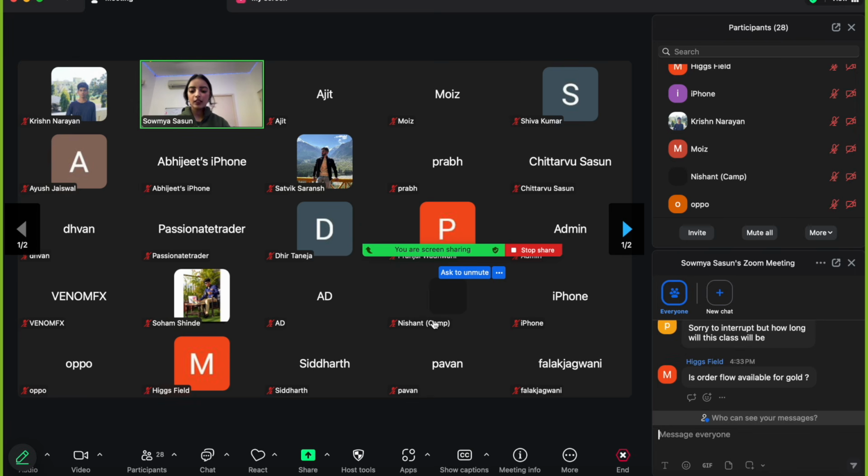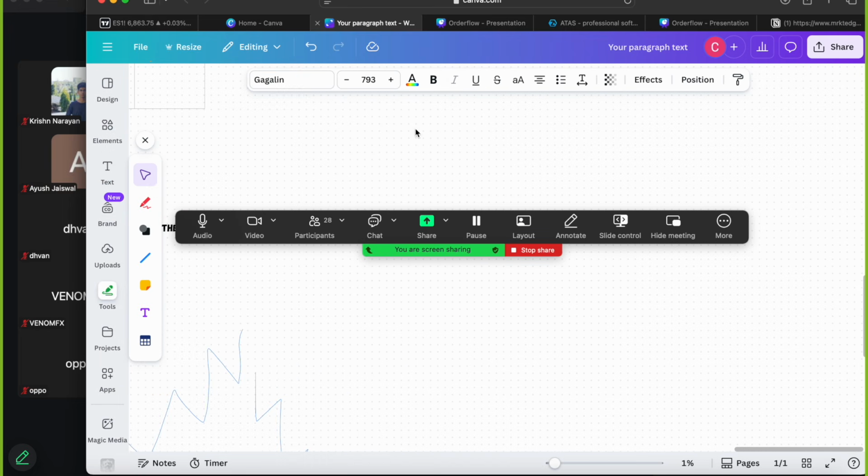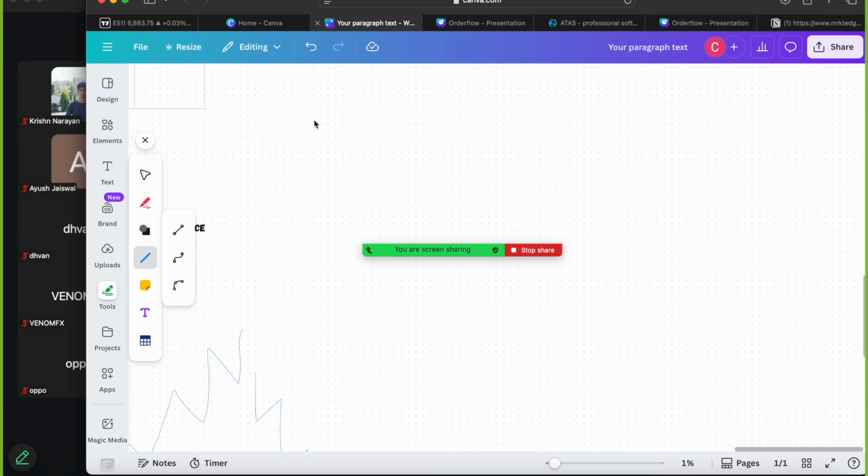Cool. Now, if there is a particular price point, let's say there is a price level like this. Price went there, rejected this level, couldn't go up further, and then it came down. What does that mean?